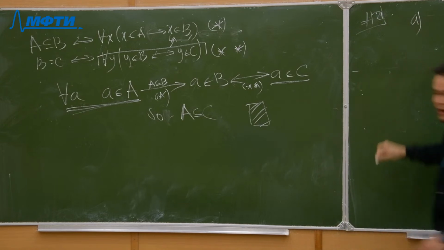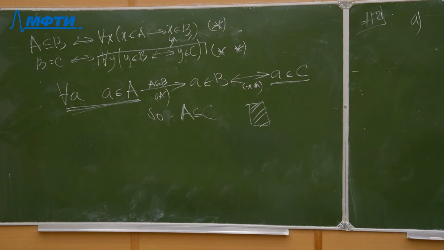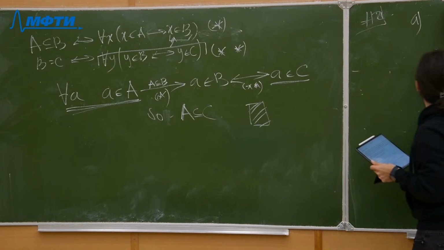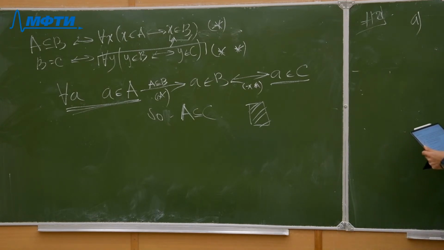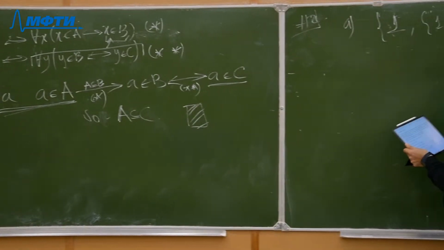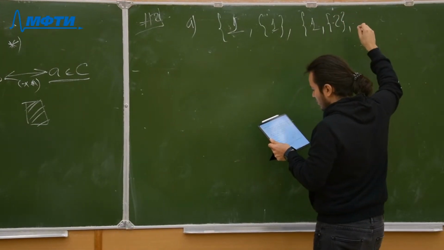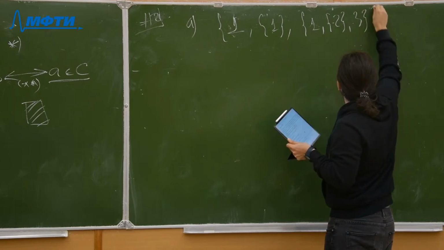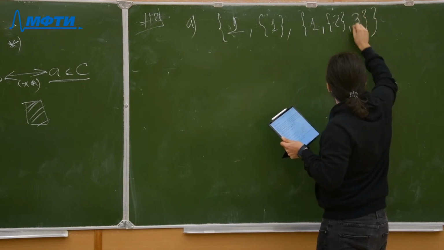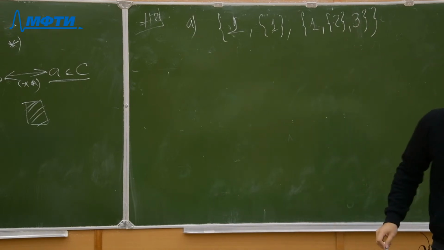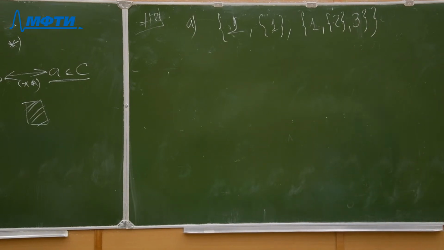We have the set A, let me just take it. I will write it. Okay, this set. I have to tell you what the elements of this set are. So let's call this set A.